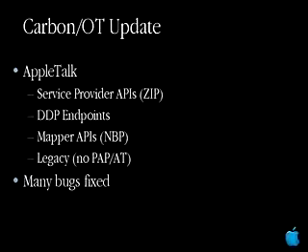In AppleTalk, we've updated Carbon and OT to handle a number of new mechanisms. In server provider APIs, we support ZIP, we support DDP endpoints, and we support the NBP mapper APIs. Apple has decided that AppleTalk is a legacy protocol, and we're not going to put any more effort into it. So in particular, that means no PAP or ATP support.